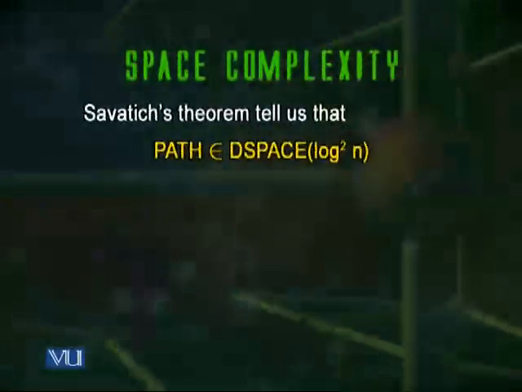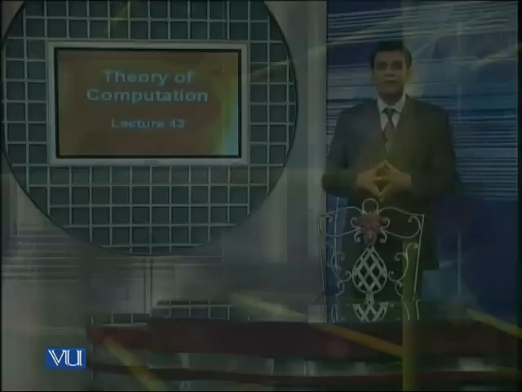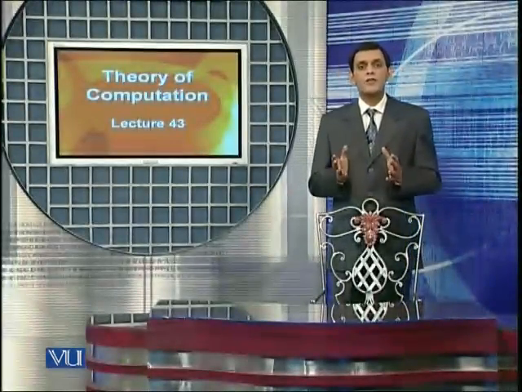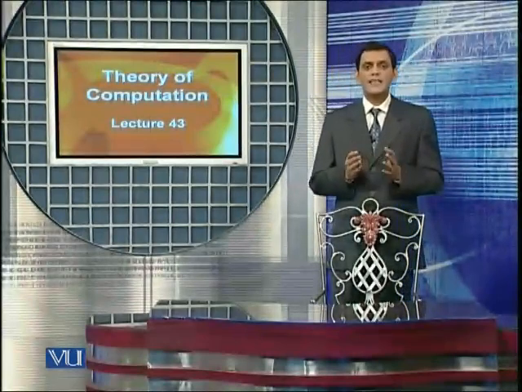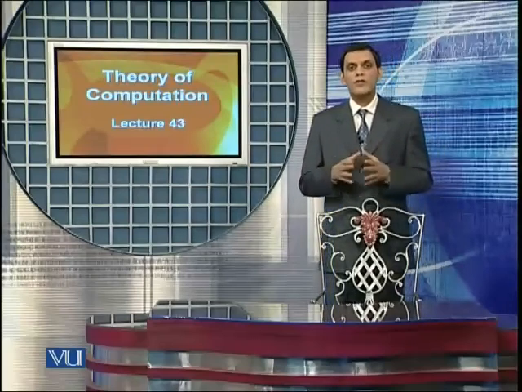Let's continue with our discussion on PATH. Now, if you remember the proof of Savitch's theorem, then Savitch's theorem told us that PATH is in deterministic space log squared of n. But what we want to do is not to say that PATH can be solved by a deterministic Turing machine which takes space log squared of n.